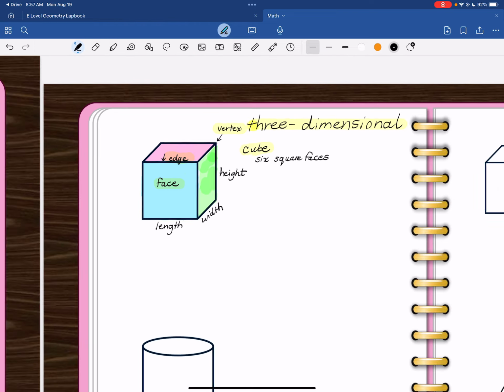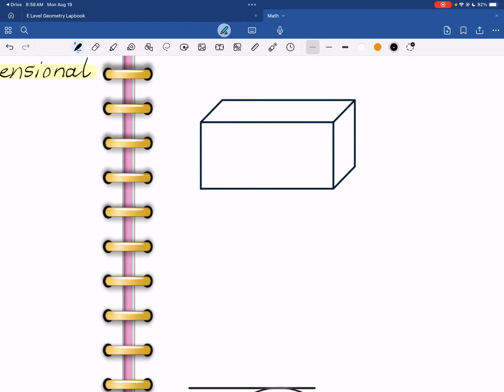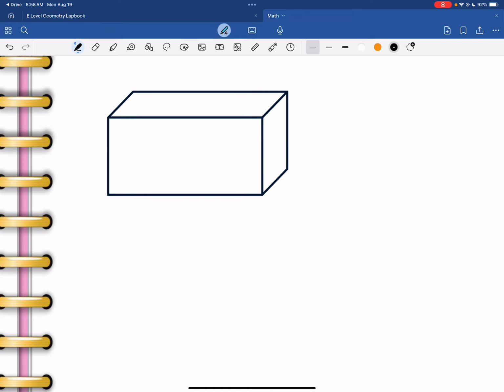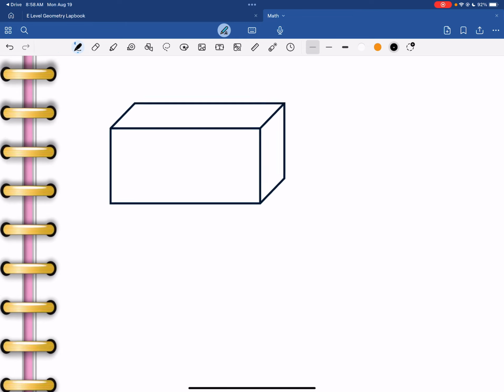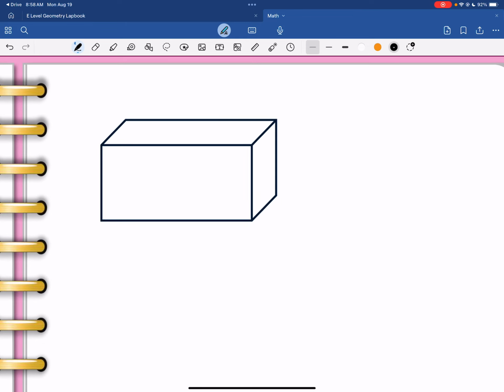All right, moving on, let's go right here to this one because it's a little bit easier to see. This one is called a rectangular prism. Rectangular because it's made up of rectangles. Prism. So that is a vocabulary word. It's the name of this box.